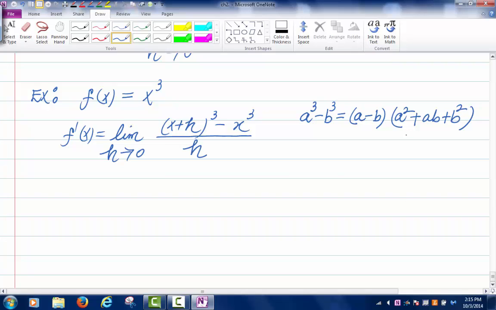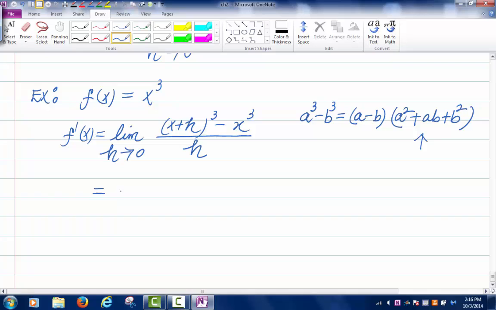Notice that the second factor that I have here, I start with a squared, and then I decrease the power of a, and I'm increasing the power of b up to 2. Is that making sense? If you look at this, I started with a squared, and then I'm decreasing the power of a. What's the power of a in the last term? 0. And I am increasing the power of b. The power of b in the first one is 0. Okay? So keep that pattern in mind.